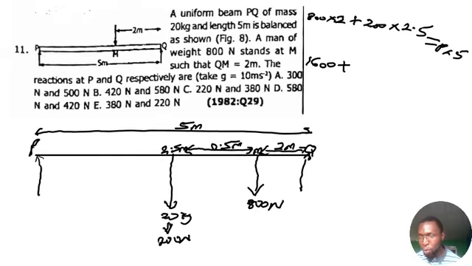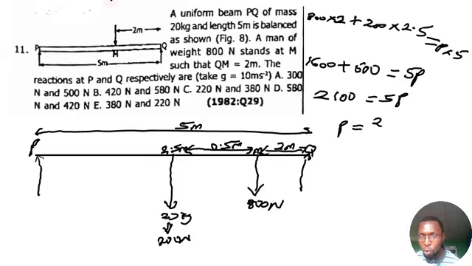So here we have 500 to be equal to, on the other hand, P times 5, which is 5P. You understand? So 1600 plus 500 will give us 2100, which is equal to 5P. Dividing both by 5, P will be 2100 over 5.